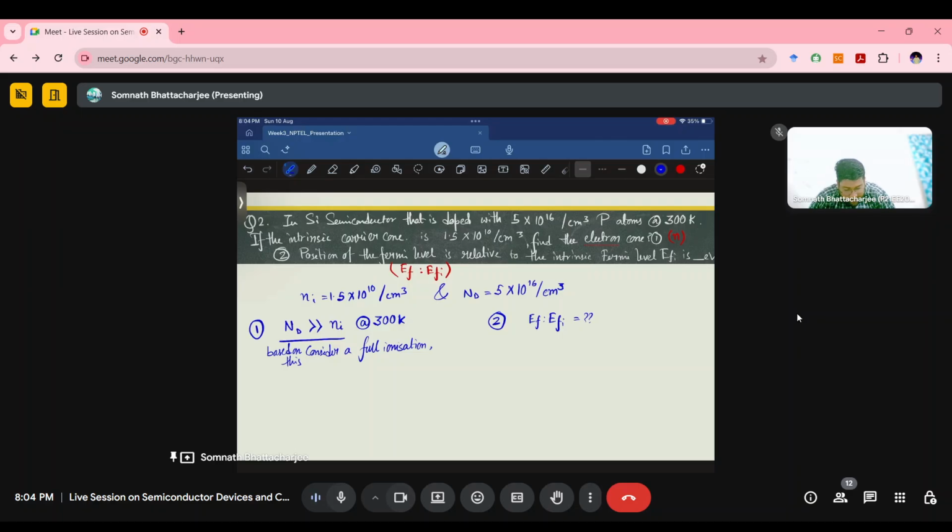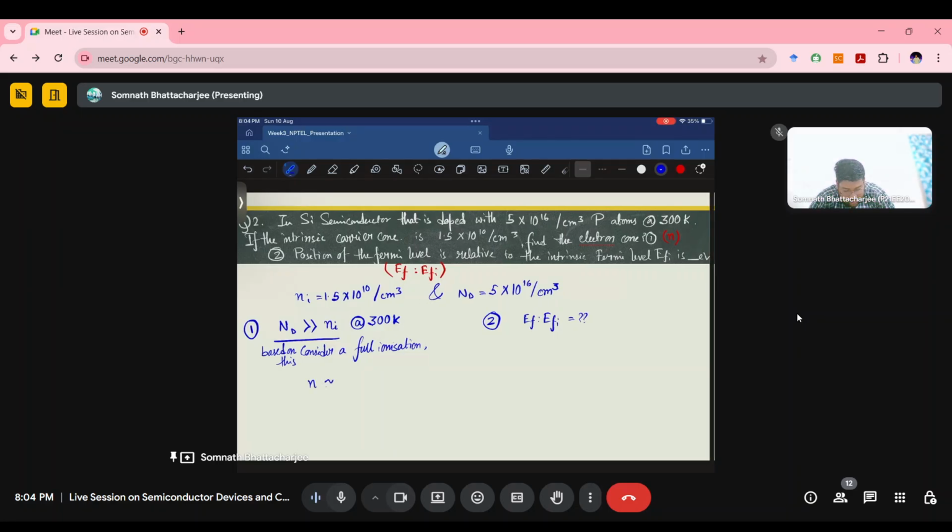So the value of N, that is the electron concentration, would be nothing but the value of Nd, the dopant concentration, or 5 into 10 to the power 16 per centimeter cube.